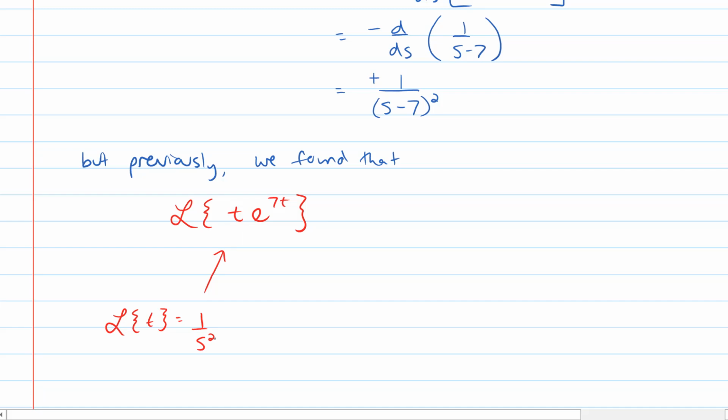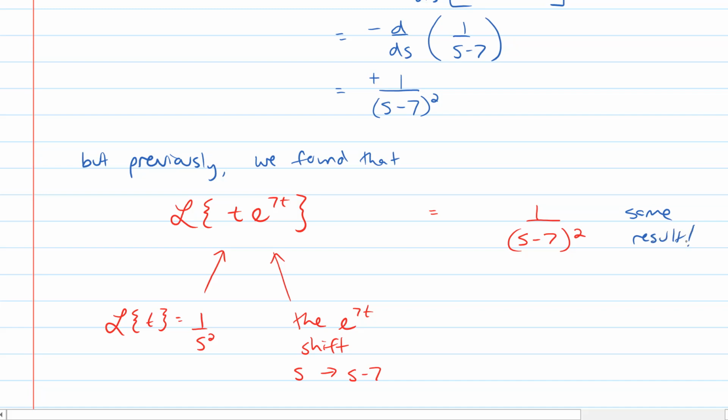T to the n is n factorial over s to the n plus 1. Our n is 1 here, and the effect of the e to the 7t shifts on the s-axis. It makes our s go to s minus 7, and so instead of 1 over s squared, we have 1 over s minus 7 squared, and we get, in a very reassuring way, the same result.